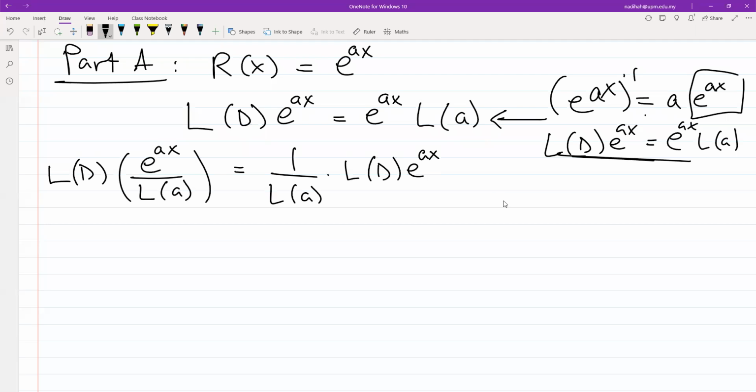Saya boleh keluarkan sebab dia operator. So yang ni akan jadi e to the ax divided by L of a divided by L. So this is just equal to e to the ax. Yang ni nak proof yang benda ni adalah valid.